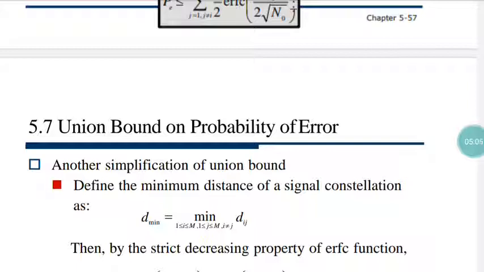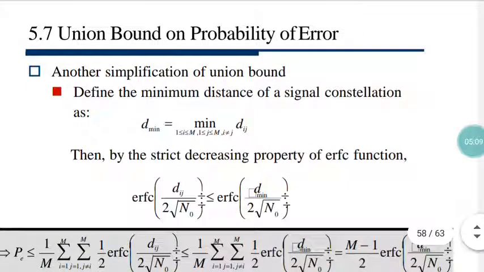Then by the strictly decreasing property of the ERFC function, we can write that ERFC of dij divided by 2√n0 is less than or equal to ERFC of d min by 2√n0. Why? Because d min is less than dij.